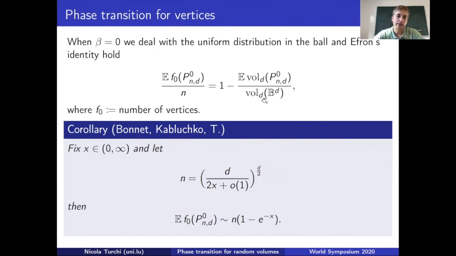And this allows for a very precise asymptotics for the number of vertices of the zero polytope, so-called because beta equals 0. And you can see that when the number of points is as in our theorem, then the expected number of vertices of the resulting polytope goes linearly like n times a coefficient that is 1 minus e to the minus x.